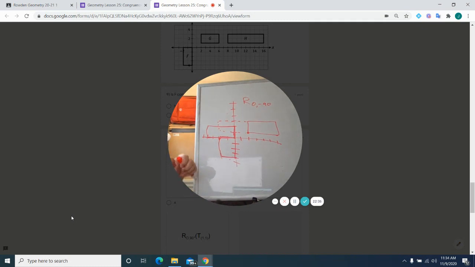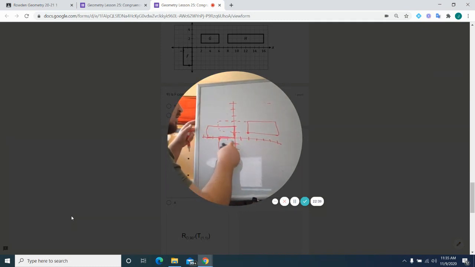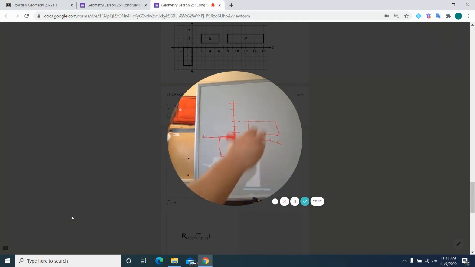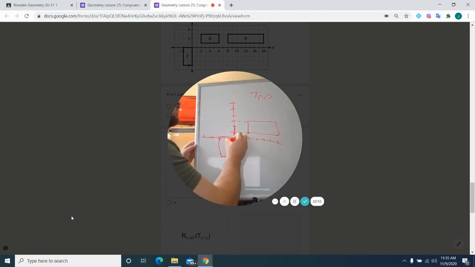C wants us to move. So we're starting off right here again. So for C, we're going to translate up 1 over 1. So up 1 over 1. So we'd be right here.